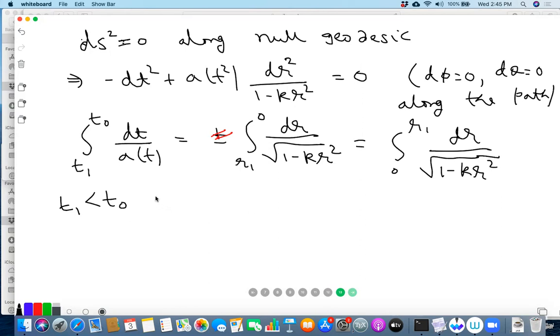Okay, so now suppose the same source B emits another light ray at time t1 plus delta t1.